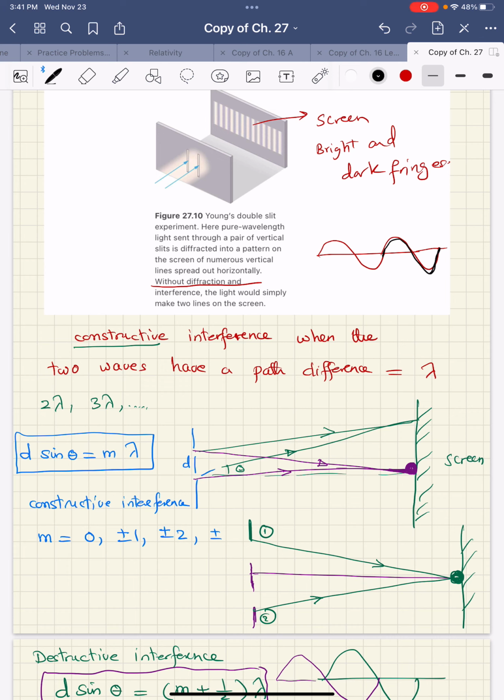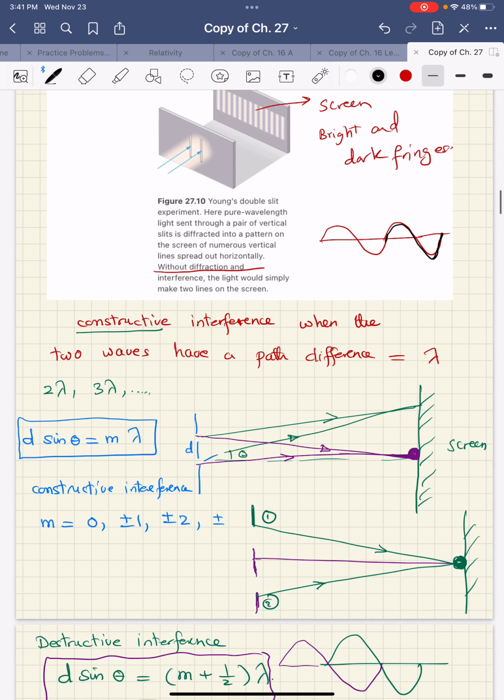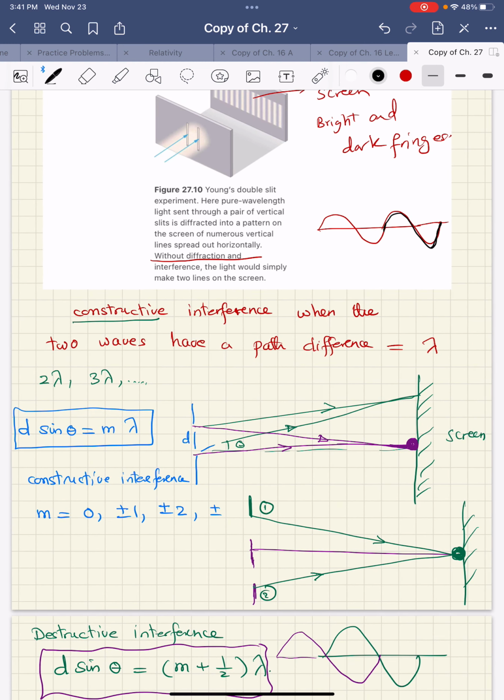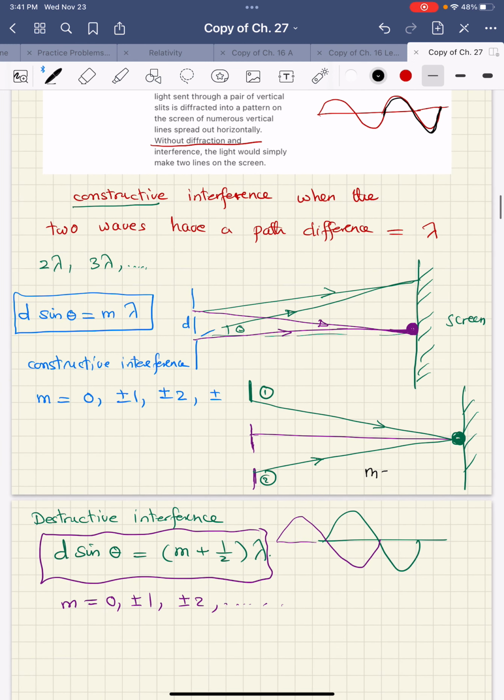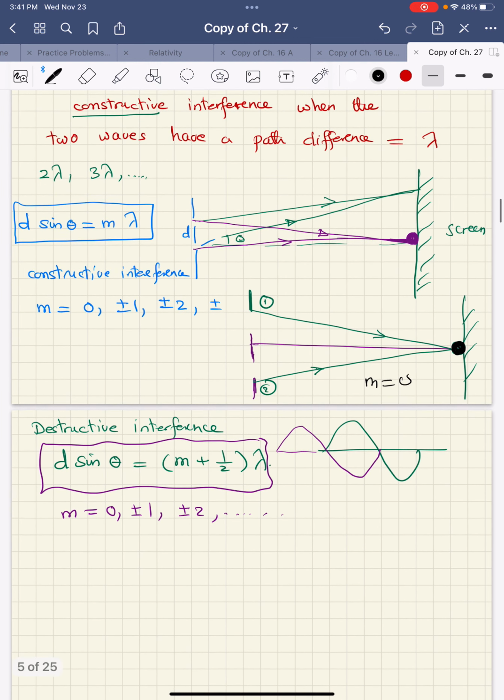Maybe lambda is the difference between them, maybe 2 lambdas. The condition for constructive interference is d sine theta equals m lambda, where m takes values 0, plus or minus 1, plus or minus 2, plus or minus 3. For m equals 0, this is the central fringe, and that one is always the bright fringe.